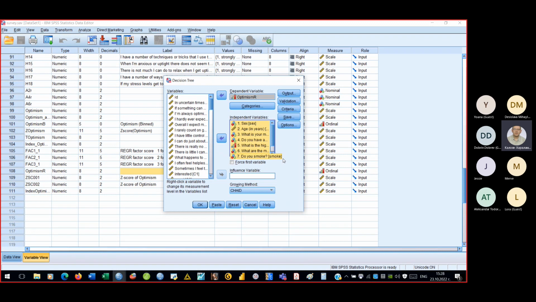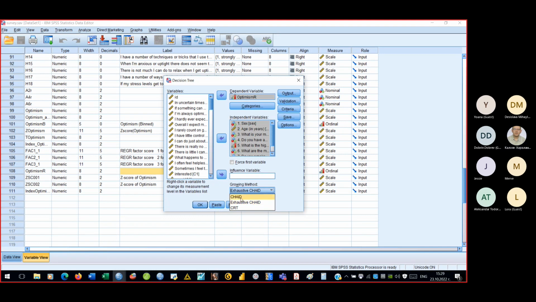Okay, after that, here we have growing methods. We have here two different growing methods. CHAID or exhaustive CHAID is the same, but I prefer this exhaustive because it's more precise.